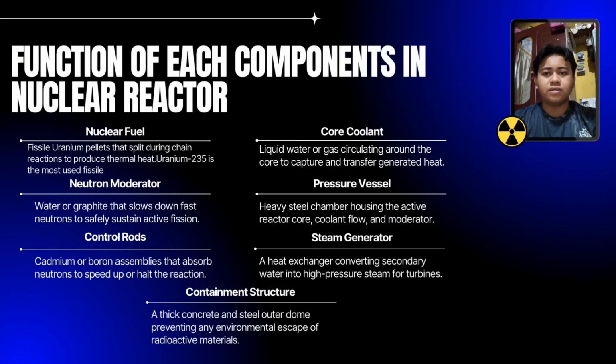The fourth is the core coolant: liquid water or gas circulating around the core to capture and transfer generated heat. The fifth is the pressure vessel, a heavy steel chamber housing the active reactor core, coolant flow and moderator. Next is the steam generator, a heat exchanger converting secondary water into high pressure steam for turbines. And lastly is the containment structure, a thick concrete and steel outer dome preventing any environmental escape of radioactive materials.